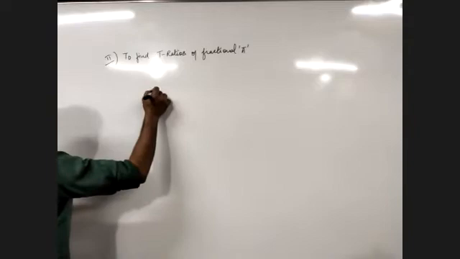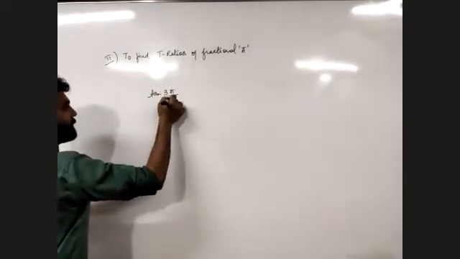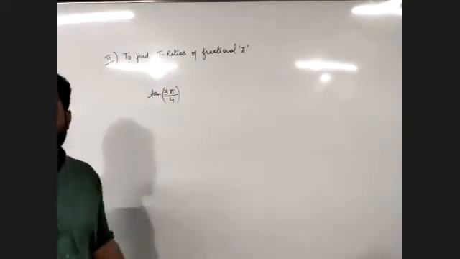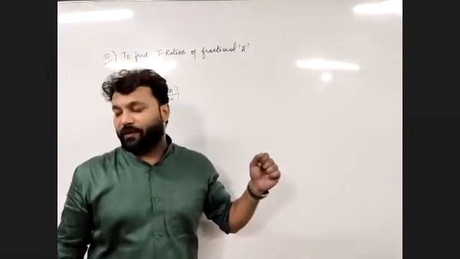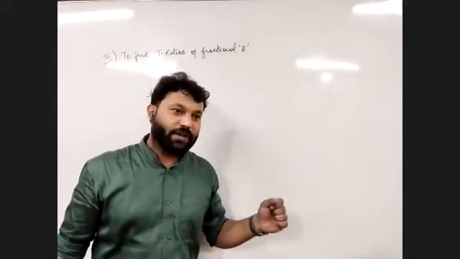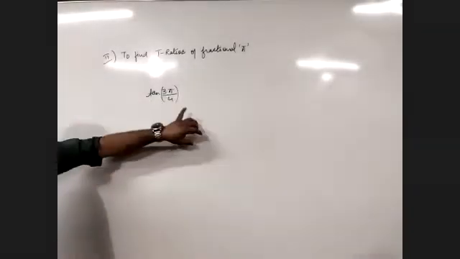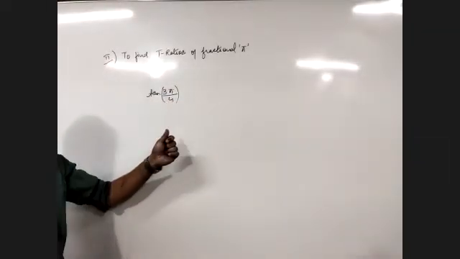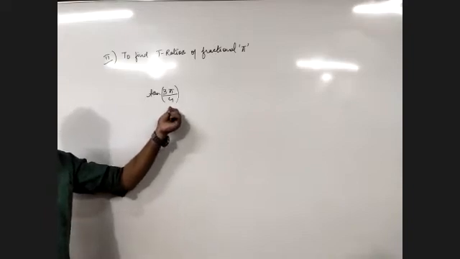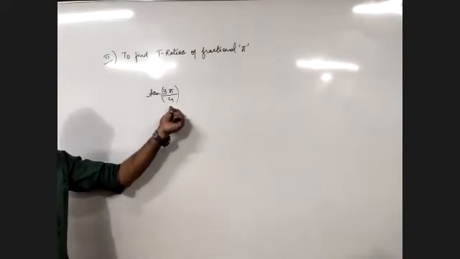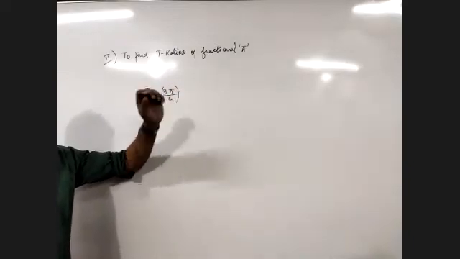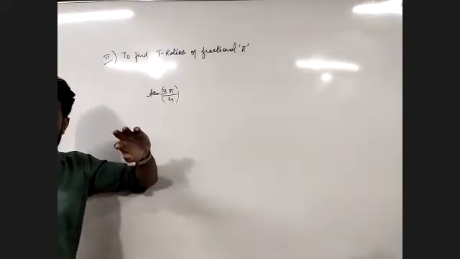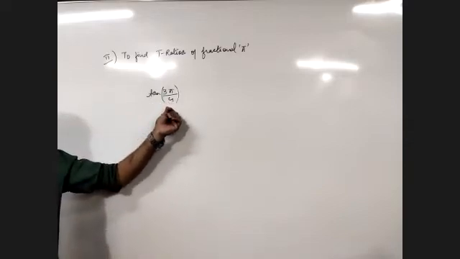For example, we need to find out tan 3 pi upon 4. The key step for finding out the T ratios of fractional pi is to break the numerator in such a form that it can be cancelled by the denominator. That is the key step. Break the numerator in terms of a sum or a difference so that it can be cancelled by the denominator.